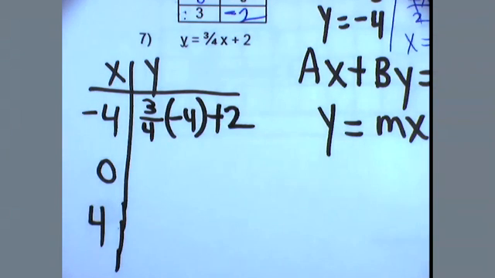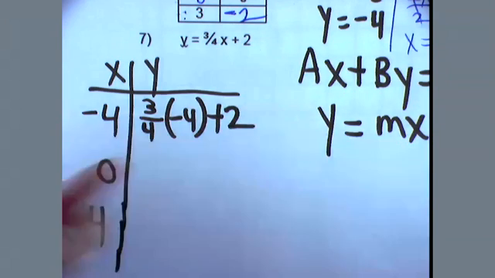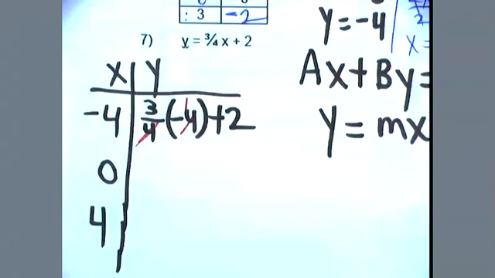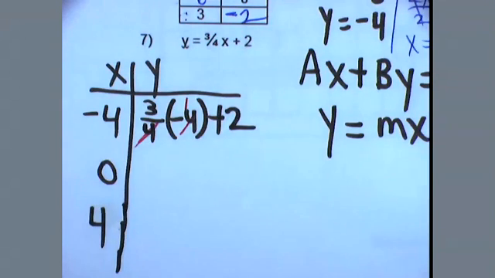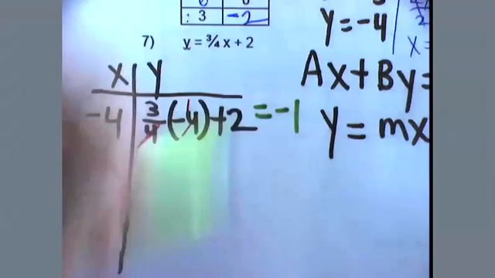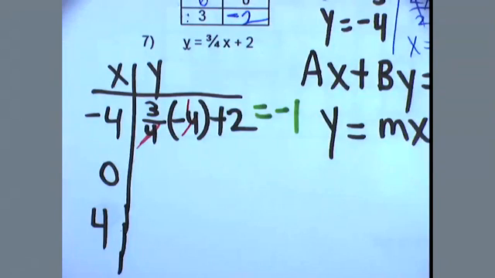And you guys know that the 4's cancel out. That's why I chose multiples of 4 for x. That way we can cancel stuff out and not have to plot a fraction. All right, so we have -3 plus 2. So your y value is -1.